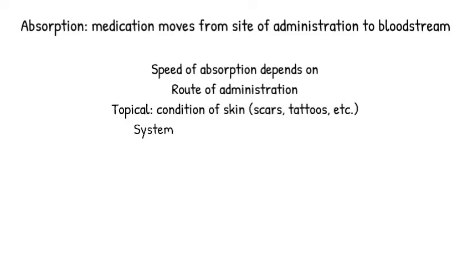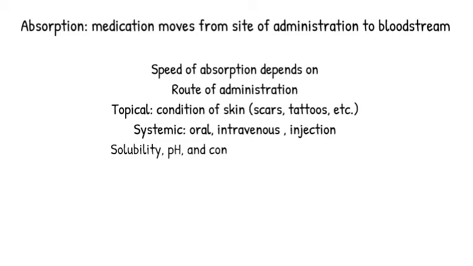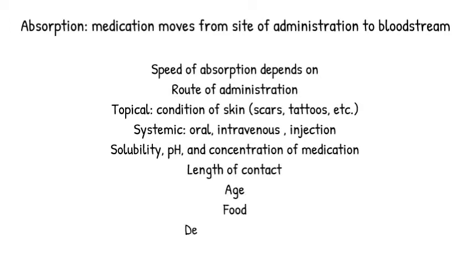The solubility of a medication. Is the medication oily? Is it really watery? Whenever you pull up a medication in a syringe, sometimes you can see it can be an oily or very fat-soluble drug, and that will affect your speed of absorption.